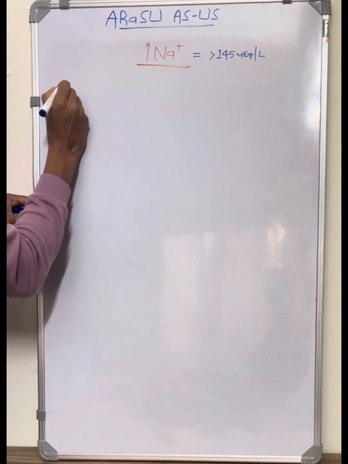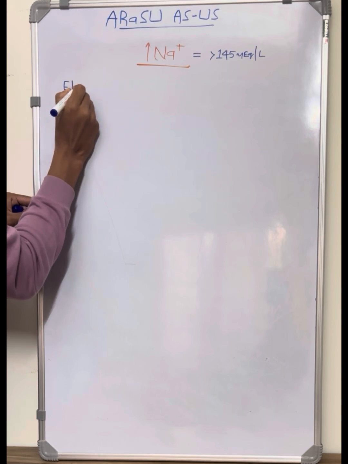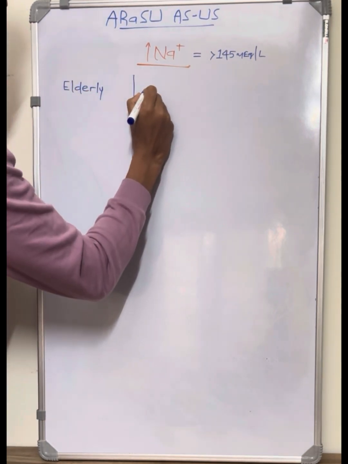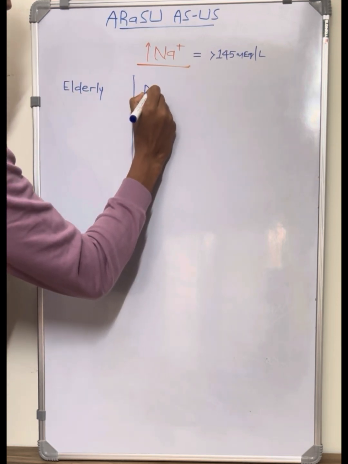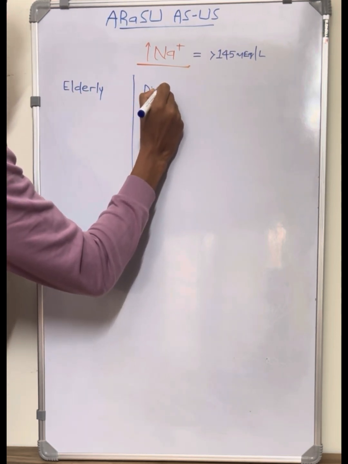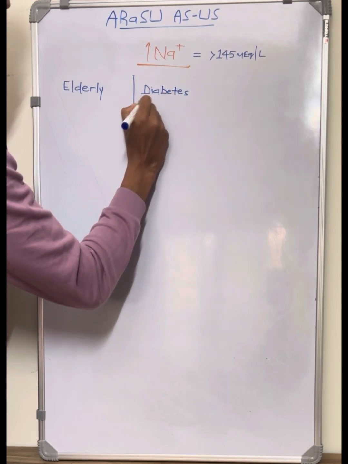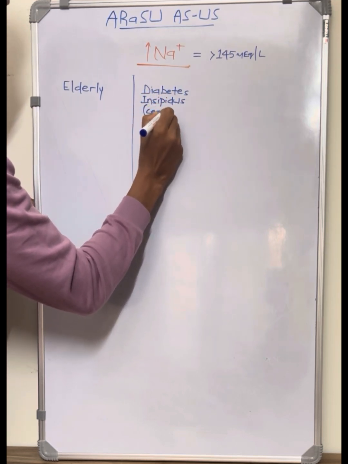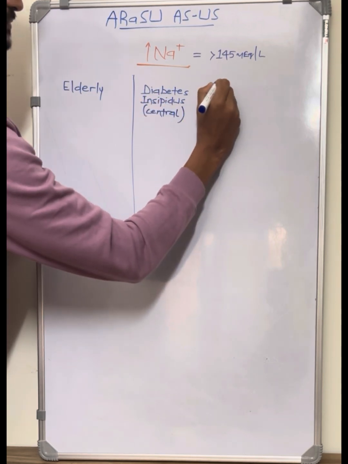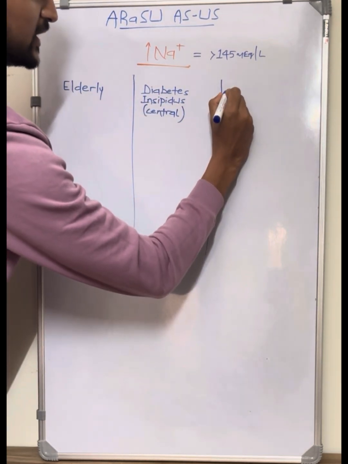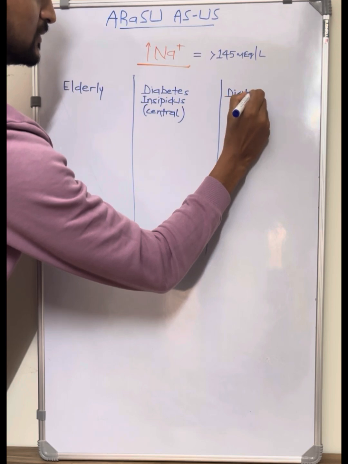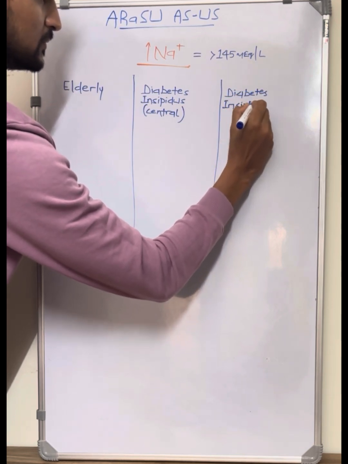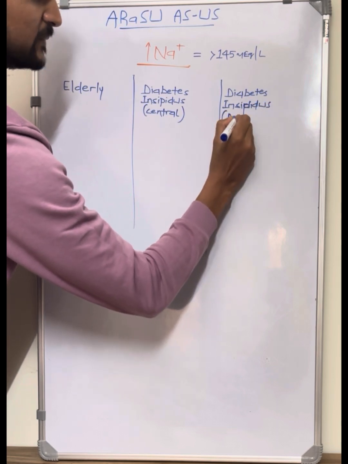That is, whether the individual is an elderly individual. Second, we have to keep in mind diabetes insipidus of the central variety, and diabetes insipidus of the peripheral variety, that is nephrogenic.